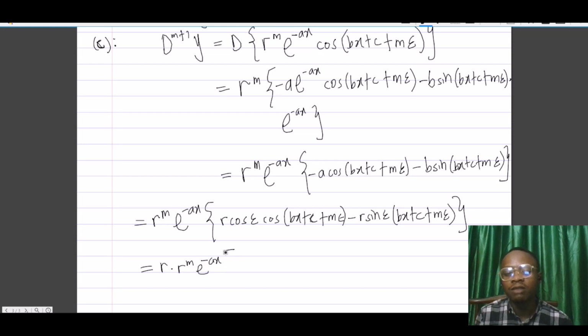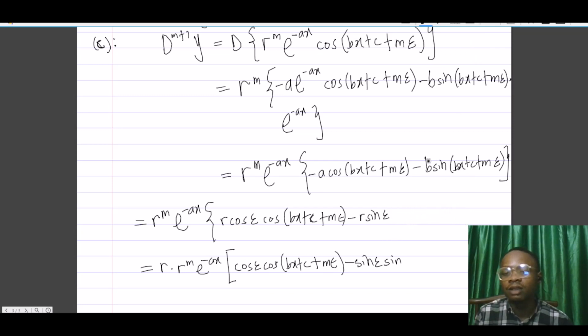Then what we have left inside can be written as cos epsilon cos bx plus c plus m epsilon, then minus sine epsilon sine bx plus c plus m epsilon.